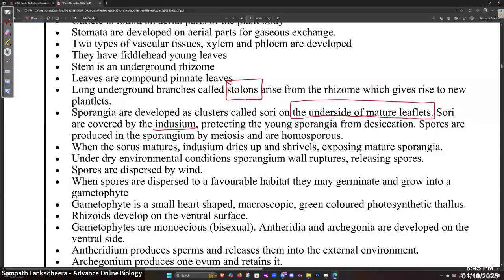Spores are produced in the sporangium by meiosis and are homosporous. When the sorus matures, the indusium dries up and shrivels, exposing mature sporangia. Under dry environmental conditions, the sporangium ruptures, releasing the spores. Spores are dispersed by wind.